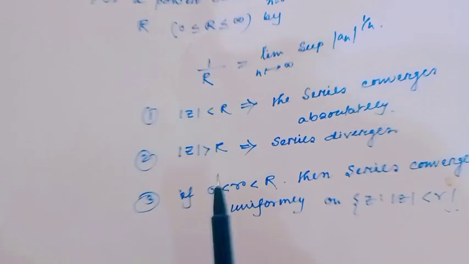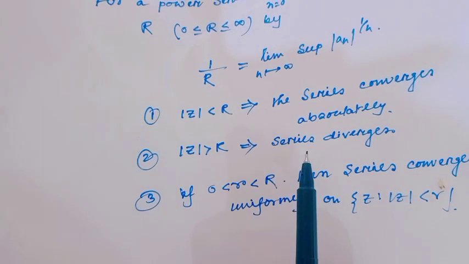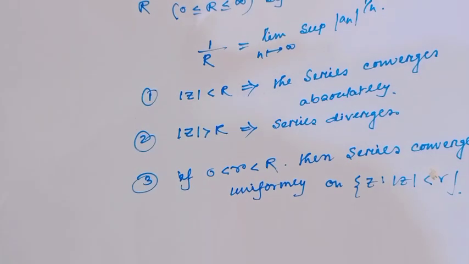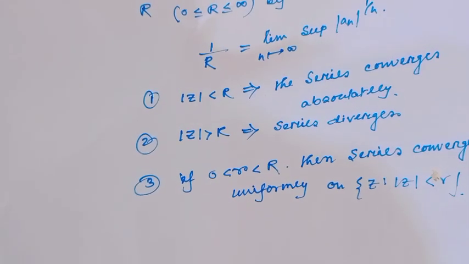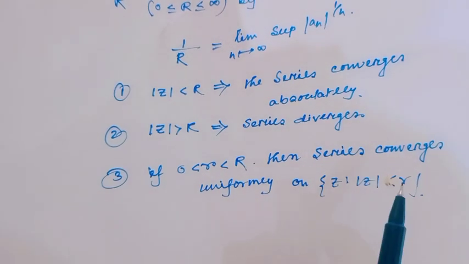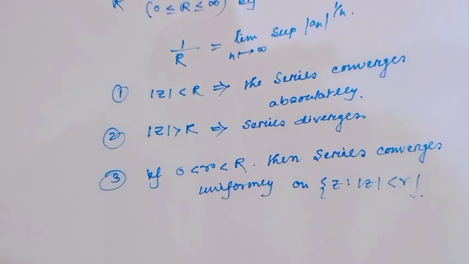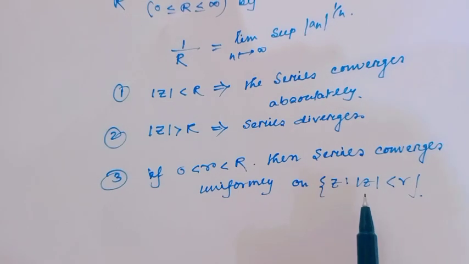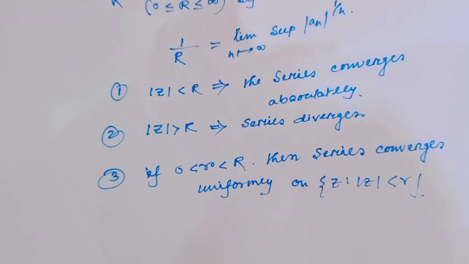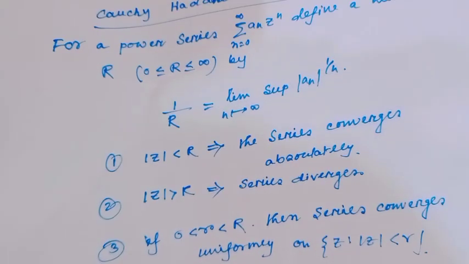If mod z is greater than R, then the series diverges. If there exists small r such that it is greater than 0 and less than capital R, then the series converges uniformly on the region of z such that mod z is less than or equal to r. Okay, this is actually the Cauchy-Hadamard theorem.